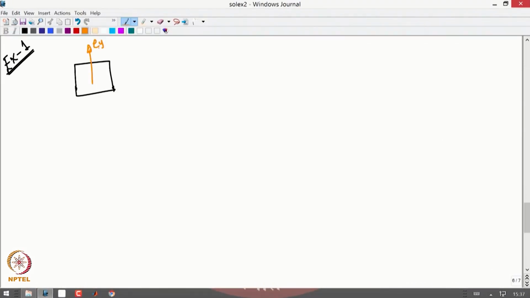Let us assume that I have given you a plane state of stress represented like this. These are the coordinate systems. Let us assume that the stress is acting like this: 10, 5, 10.